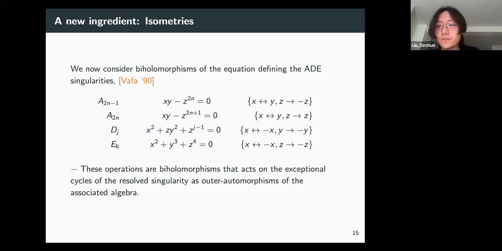Only these specific ones are the ones that actually change the moduli, so change the resolution, and so are the ones of interest for our analysis.